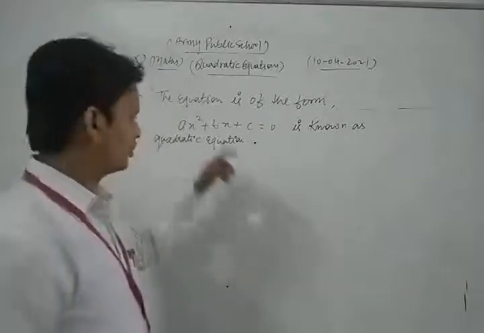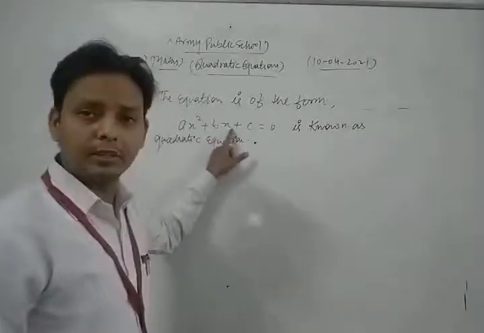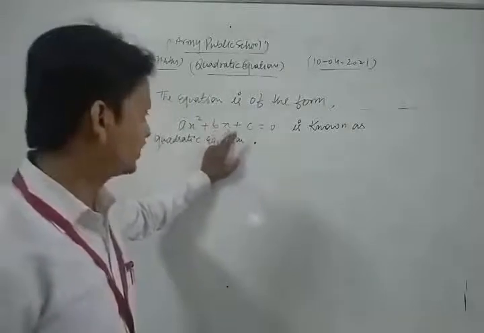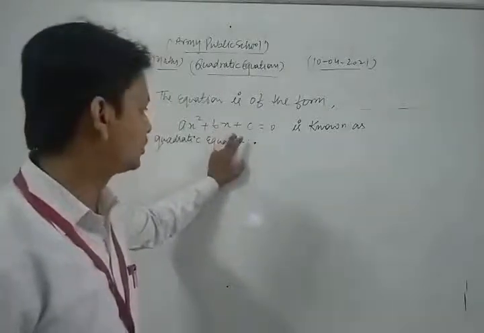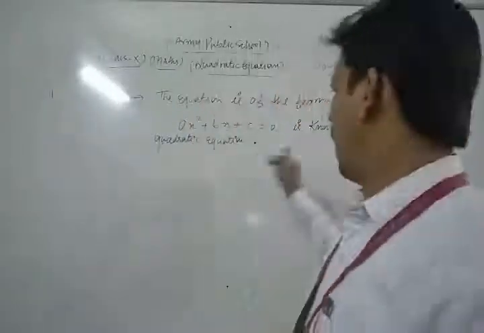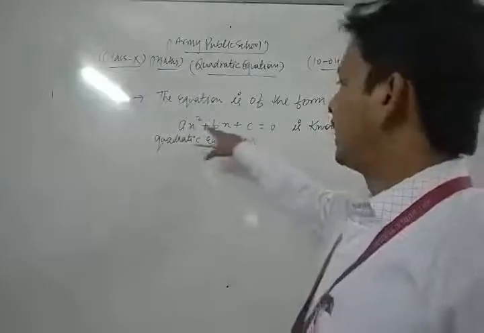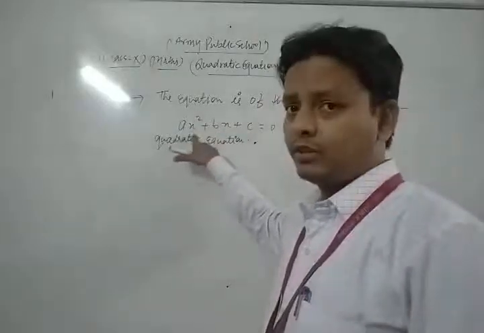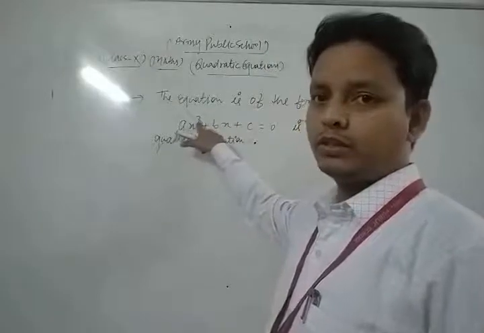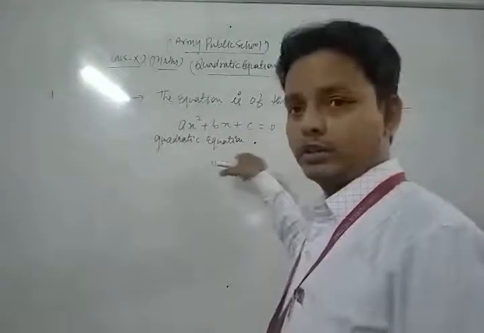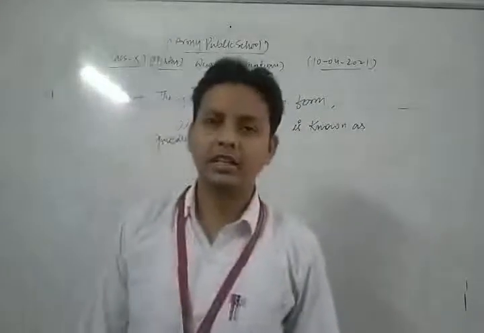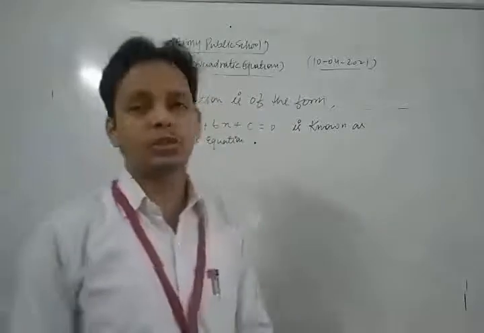Quadratic is why? Because in that equation the variable is x. This is the quadratic equation in x. And quadratic is why? Because the highest power of the variable in that equation is 2. So it is called quadratic. So any equation of the form ax square plus bx plus c is equal to 0 is known as a quadratic equation.